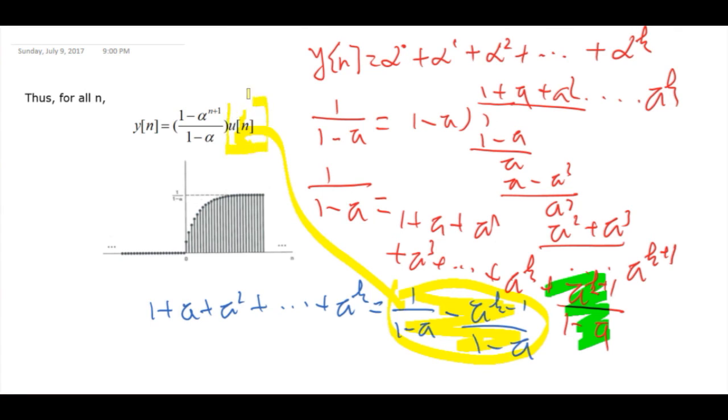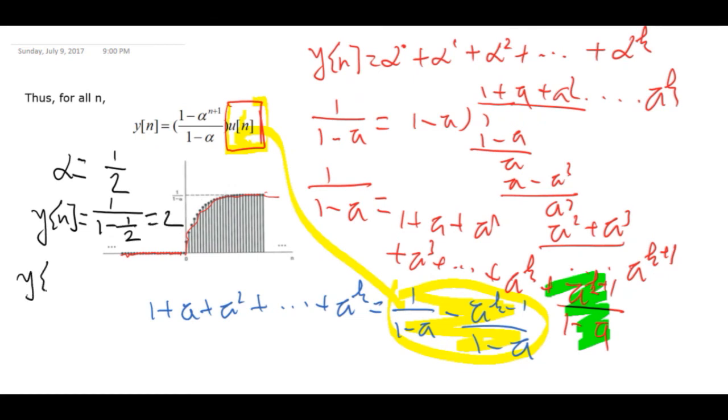So this particular y[n] signifies that it is 0, 0, 0 here. We all just start from when n is equal to 0. So you go all the way, then you converge. Then what we can see is when alpha is equal to maybe half, then y[n] will equal 1 over 1 minus half, that is equal to 2.